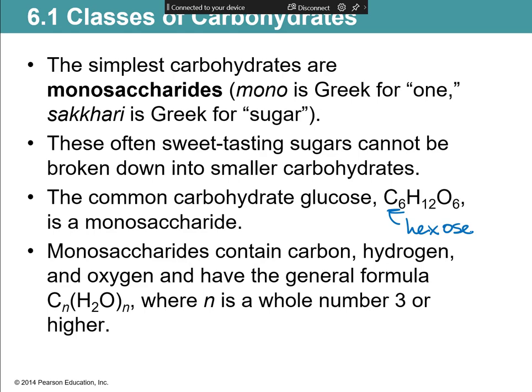So when you see things like glucose, lactose, maltose, that ose ending tells you it's a sugar. So if I have a sugar with only 5 carbons, it would be a what? A pentose. So this would be a 5-carbon sugar.